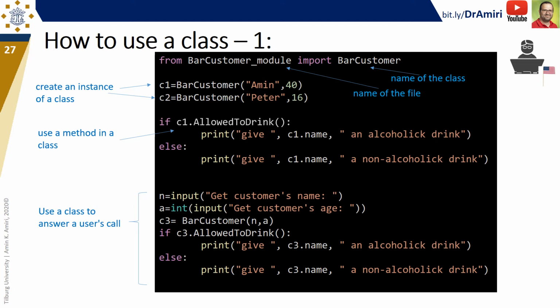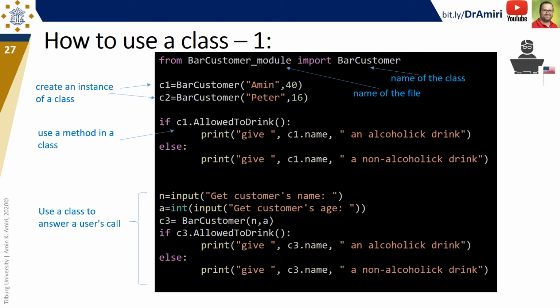After that, the American uses the name of the class, which is in reality the name of the __init__ method, to create two instances of the class, for example, C1 and C2.